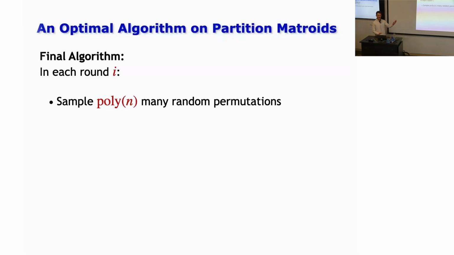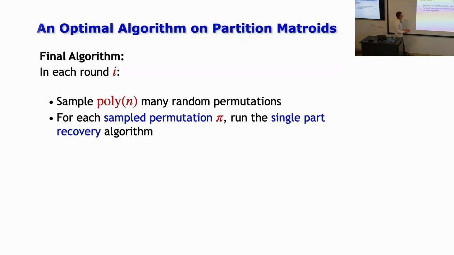Just as in the previous slide you sampled one random permutation, now you're going to sample a polynomial number of random permutations. For each one of these random permutations pi, you're going to run that single part recovery algorithm that I mentioned on the previous slide. Each time you run this, it'll recover some new part of your partition matroid.